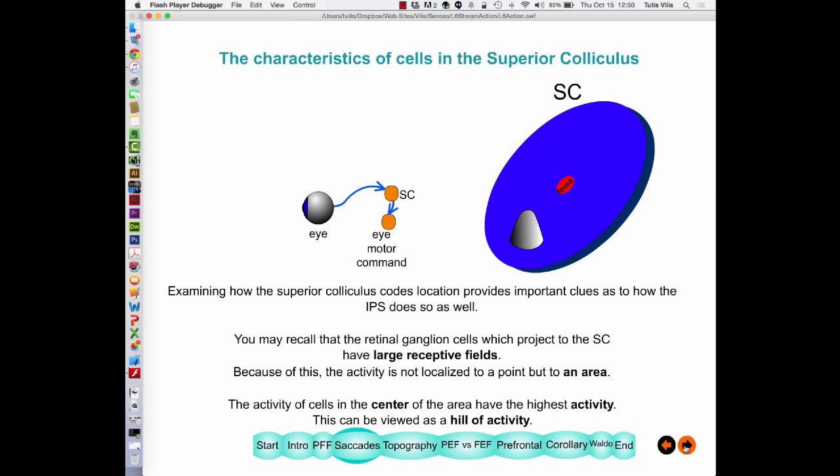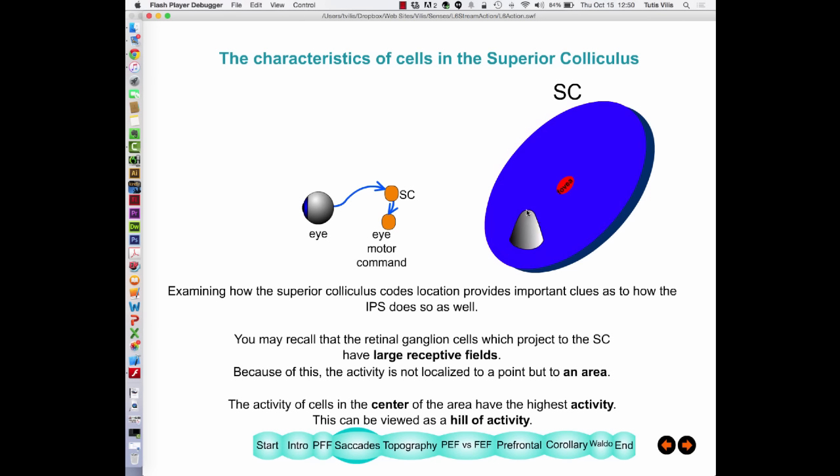Now, this information to the superior colliculus fires off a large number of neurons because they have big receptive fields. But it's good to think of this activity as being broad, but also peaking at a hill.